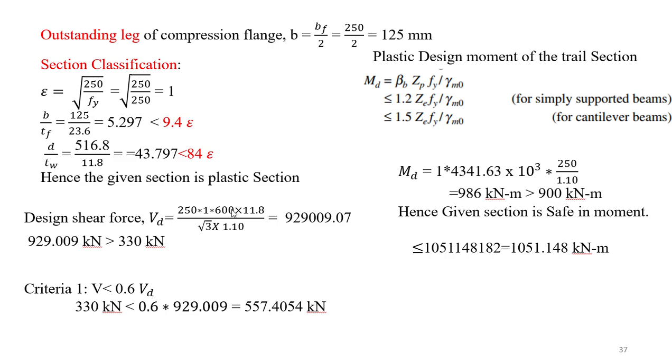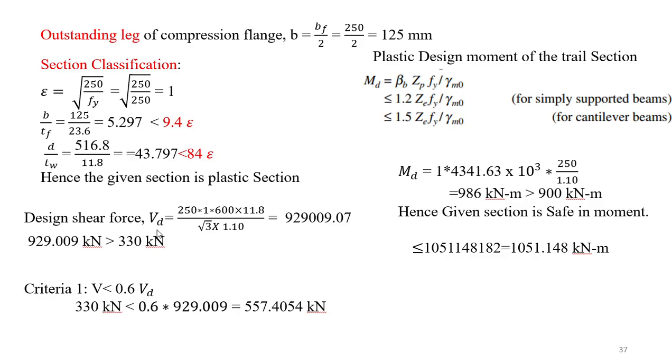H is equal to 600, into 11.8 the thickness of the web, into Fy, which is 250, by root 3 into 1.5. From here we get the design shear force as 929.009 kilonewtons, which is more than the 330 kilonewtons. This is the actual shear force, which is less than the 929.009 kilonewtons. That is the first criterion we have to check.